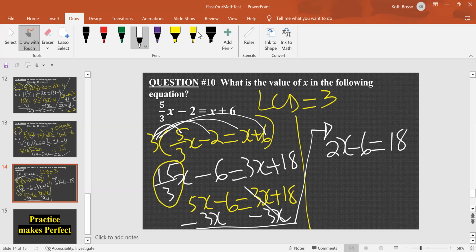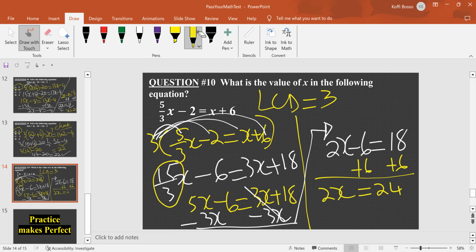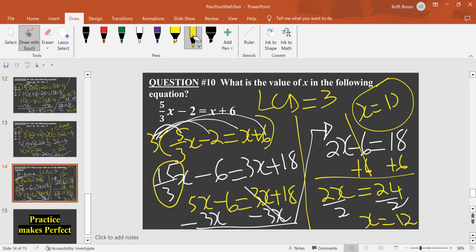After that, we add 6 on both sides, so you have 2x is equal to 24. Again, this cancels out. Almost done. Now, if you divide both sides by 2, you get x equals 12. So solving this equation, x equals 12.